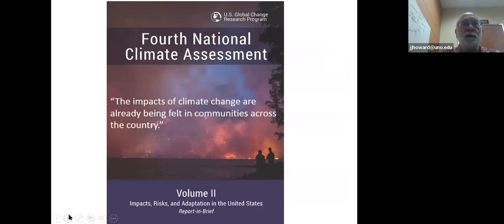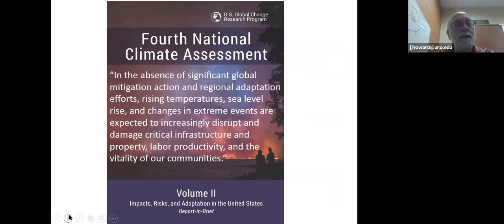I think we're aware of that, since we have storms that have hit us, and parts of the US have been incinerated this year. In the absence of mitigation action, rising temperatures, sea level rise, and extreme events are expected to increasingly disrupt and damage infrastructure and make it difficult to continue to live.